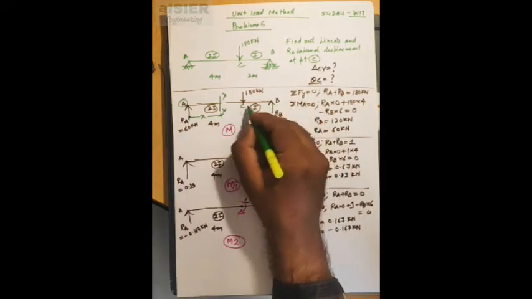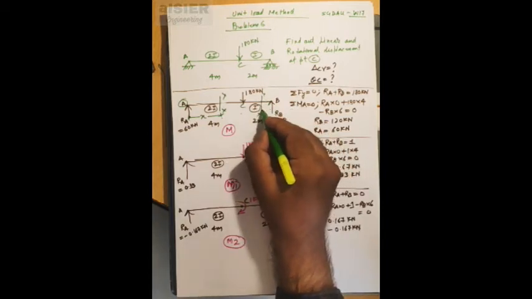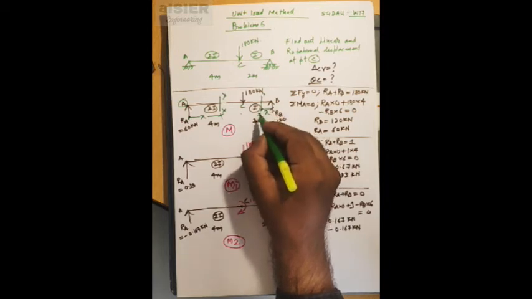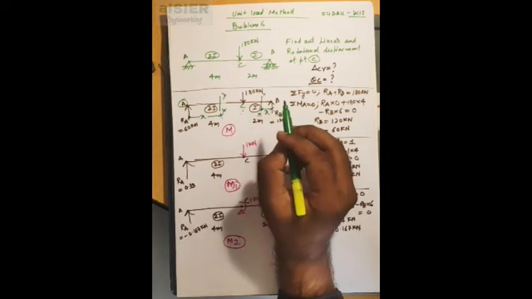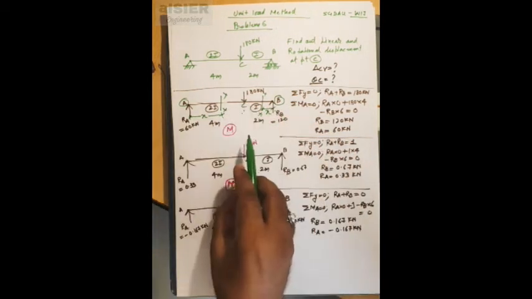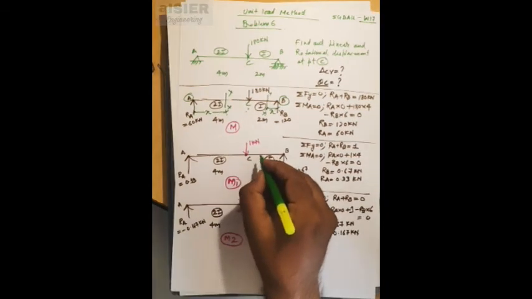And in region BC, again we will take another section and we will consider that it is starting from B. So x is 0 here, x is equals to x here, and x is equals to 2 here. So origin is B. So we have decided for AC region origin is A, and for CB region origin is B. Same we will do in other two diagrams.